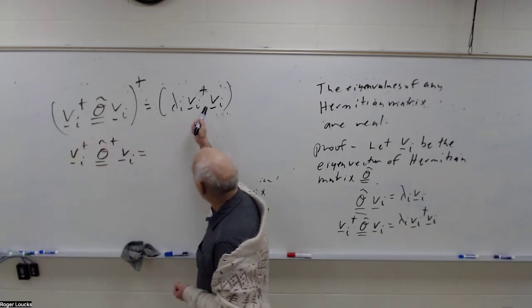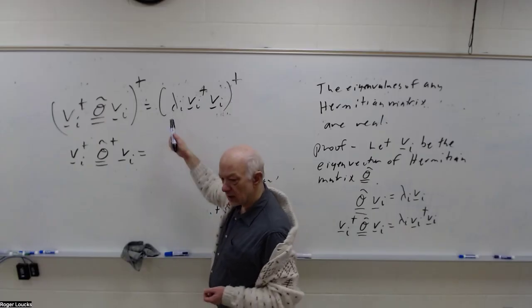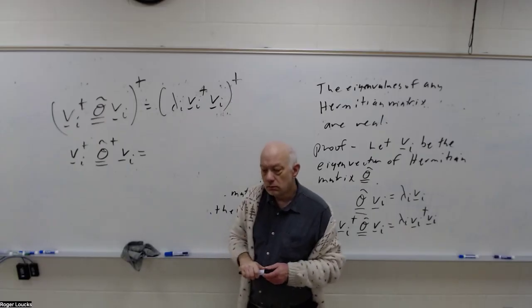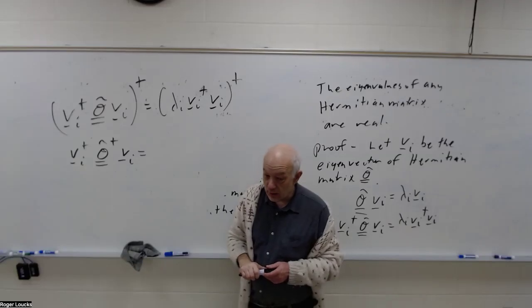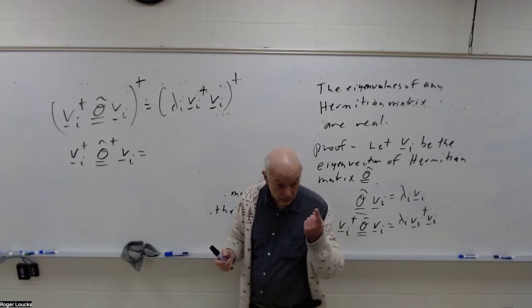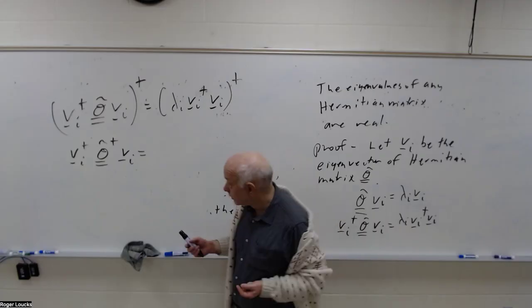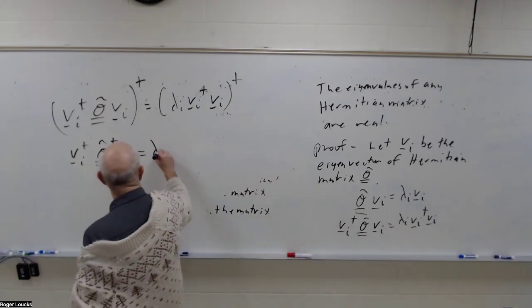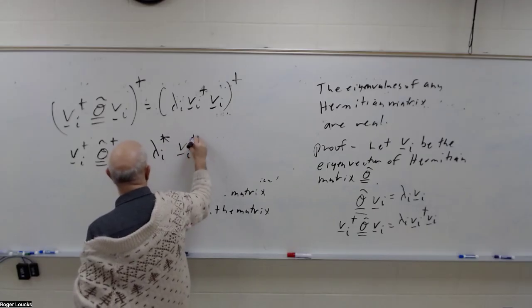Now what happens if I dagger a constant? I just get the complex conjugate, because it's just a number. If I take the transpose, it's the same number, because it's a 1 by 1 matrix. So this becomes lambda star, and again these orders get switched.